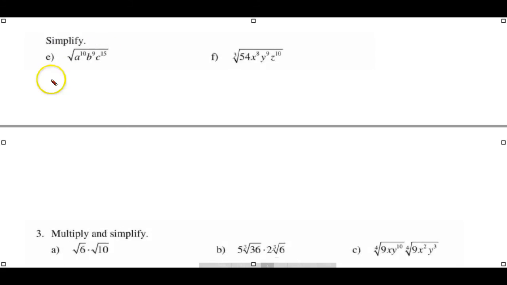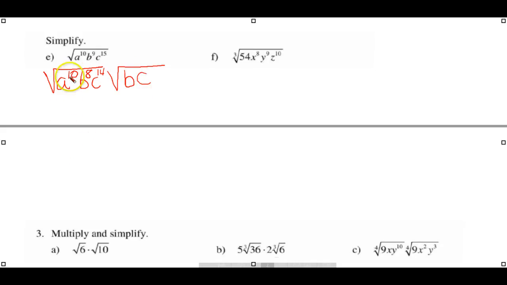Now a few more examples where we're going to use a set of radical signs. Now, what's a perfect square here? Well, any even power. So a to the 10th, b to the 8th, and there will be a b left over here, c to the 14th, and there would be a c left over there.